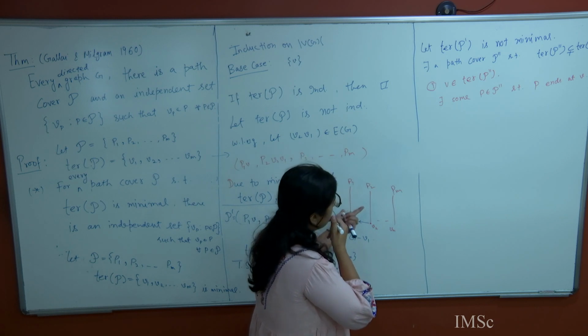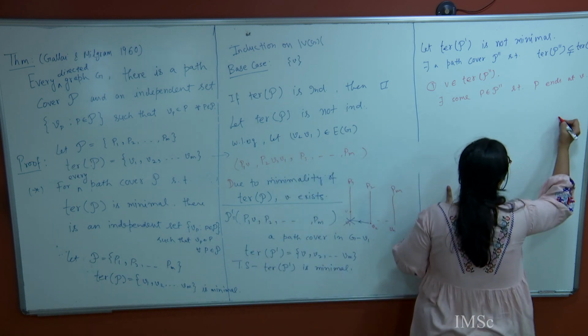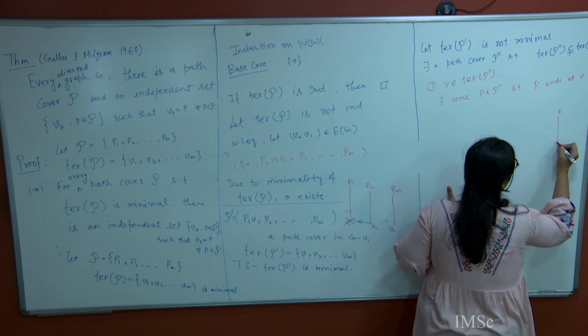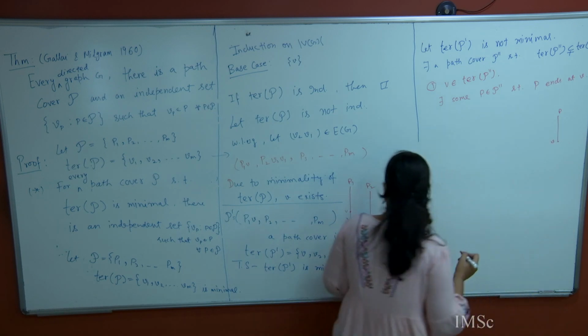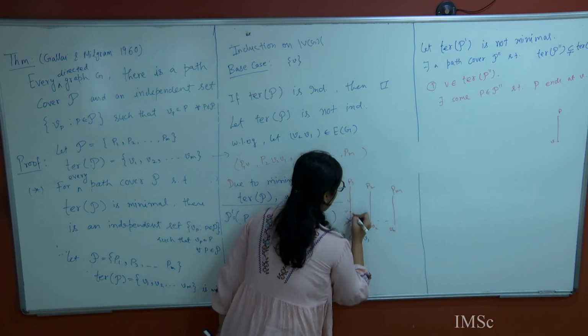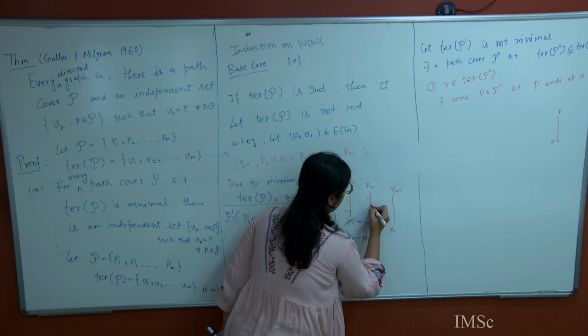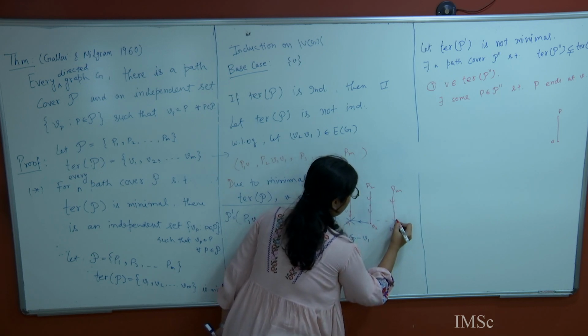So now this path P ends at V. All these paths are like this, remember?